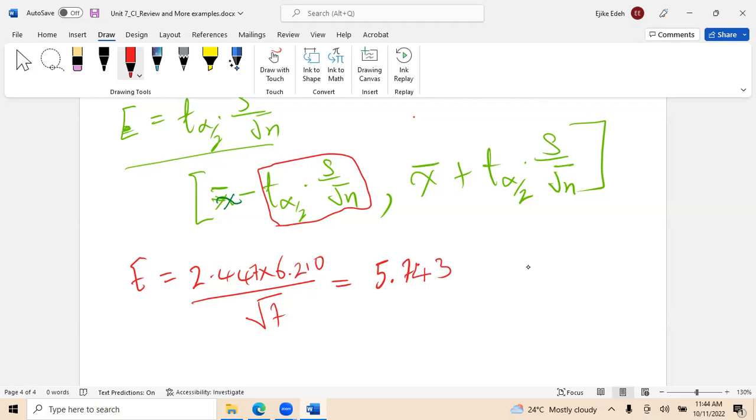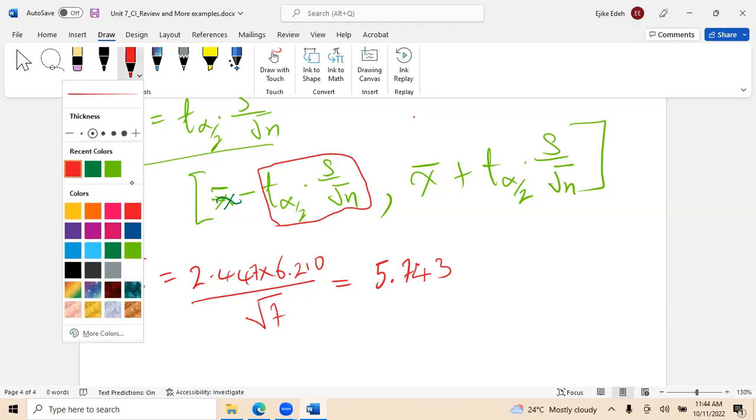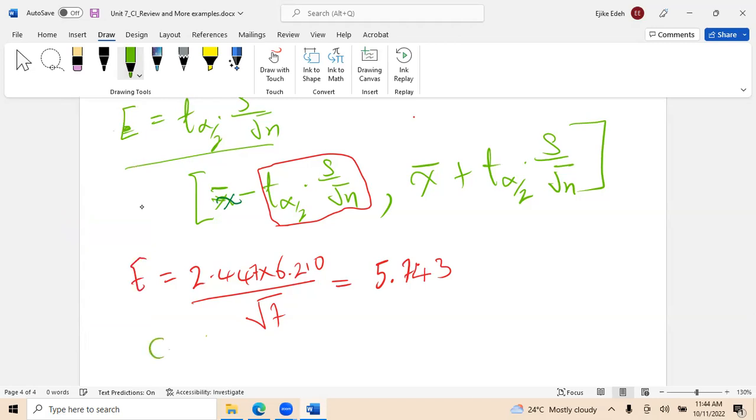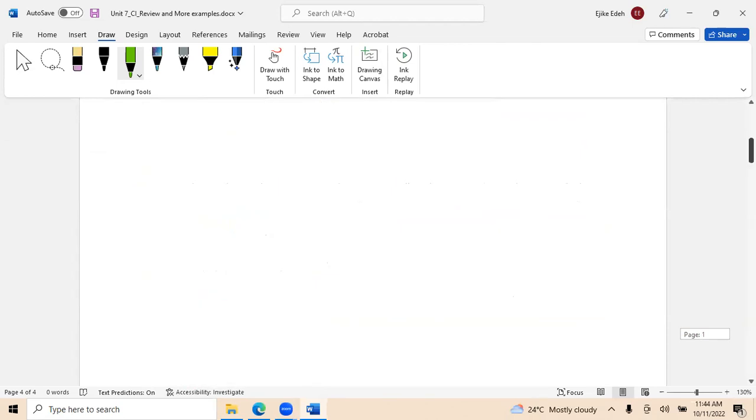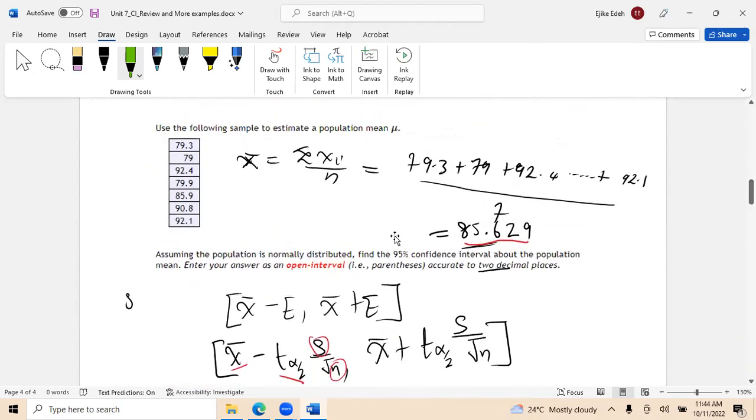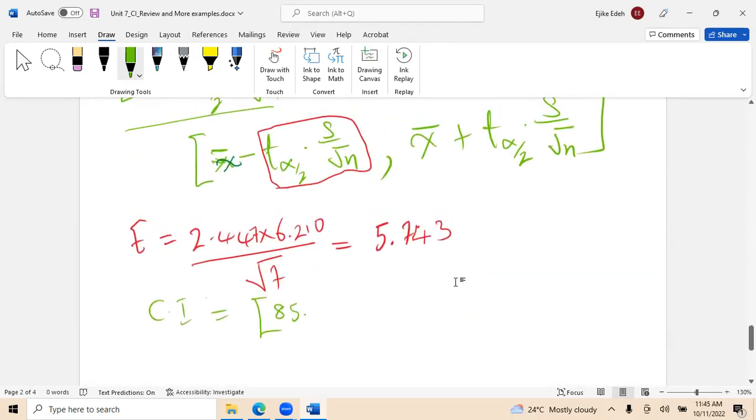Okay, so we just replace it in that formula. It's the same kind of thing. Our confidence interval will be the mean, which is 85.629, minus the margin of error we just got to be 5.743.